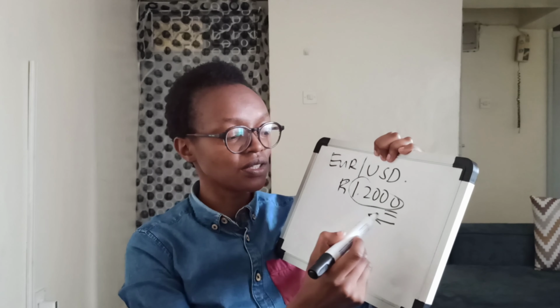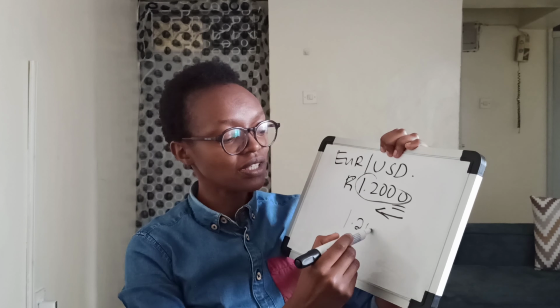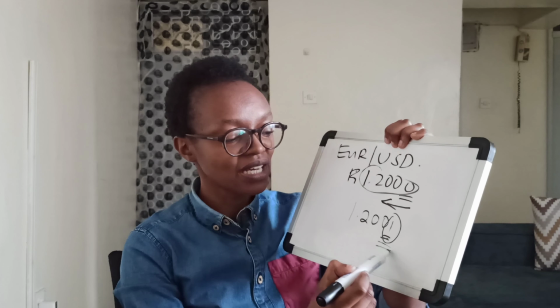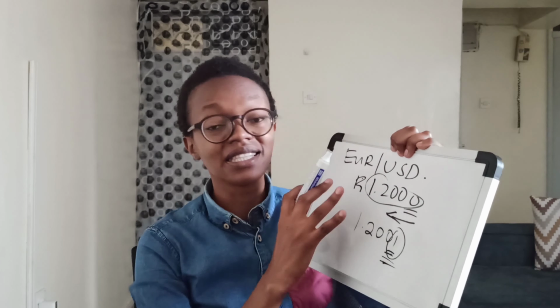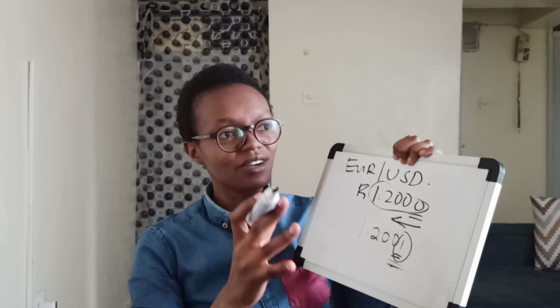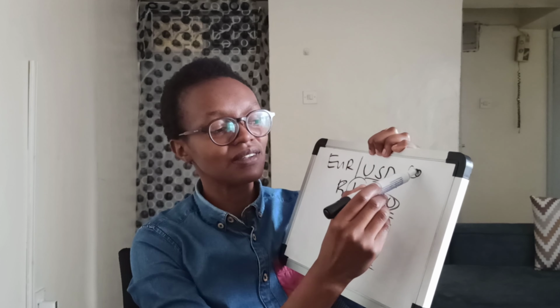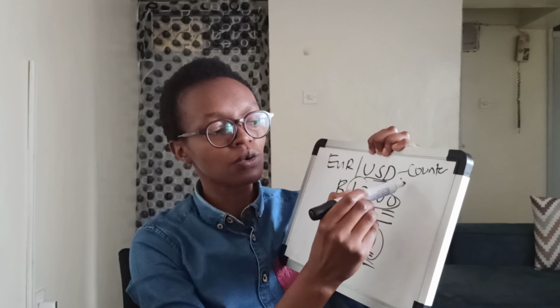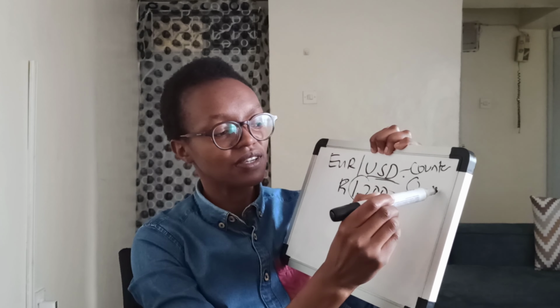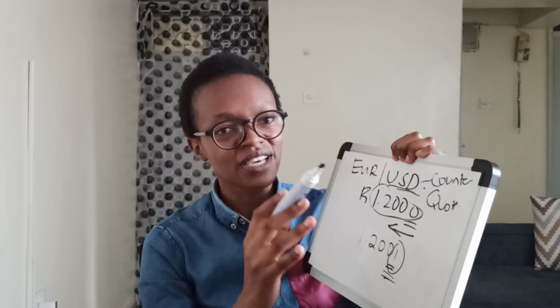So let's assume that this pair moved from 1.2000 to 1.2001. Now we can see that there's a 1 pip difference. This is the movement in the number of pips that this pair has moved. Now we have already established that the US dollar in this case is the counter or the quote currency.